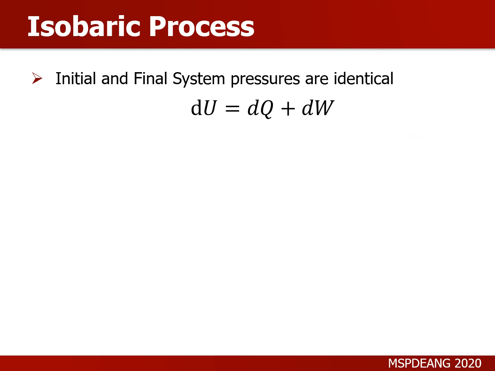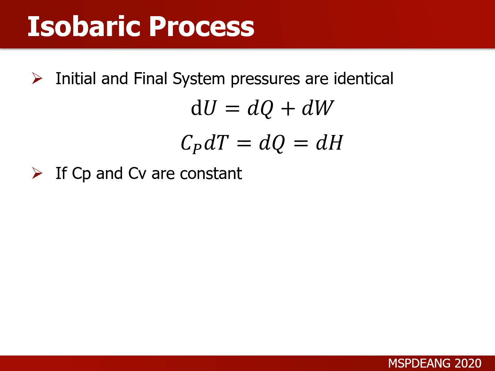So again, for an isobaric process, dU is equal to dQ plus dW, and Cp dT is equal to dQ, which is equal to dH. And if Cp and Cv are constant, delta H is equal to Q, which is equal to Cp delta T, and delta U is equal to Cv delta T. Okay.